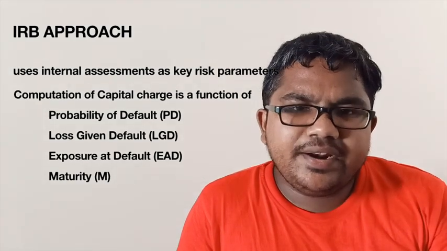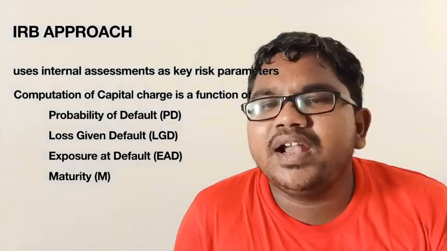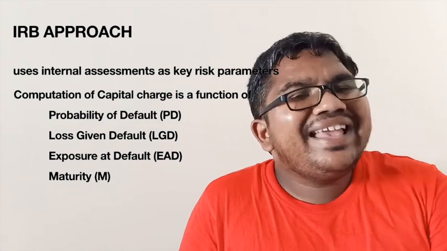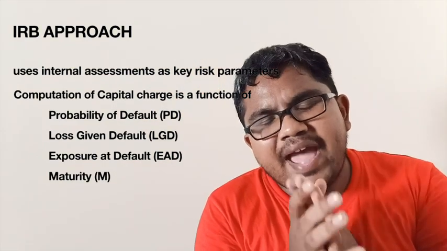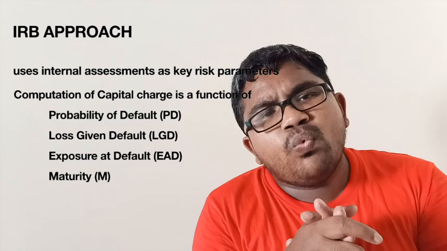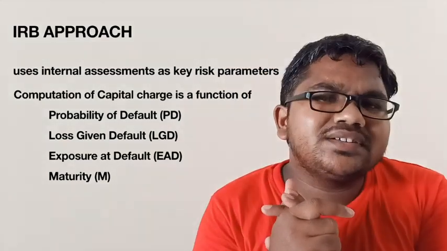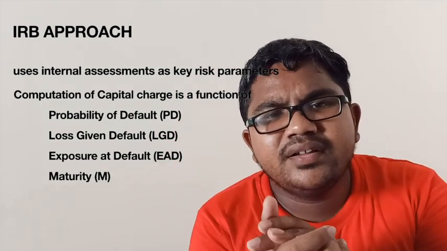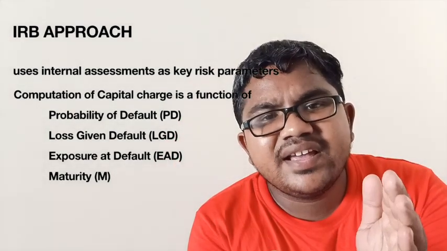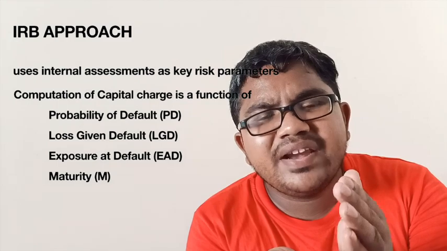And the next one, loss given default. As a whole, how much amount of loss is the bank going to incur if a credit risk event happens in the bank?